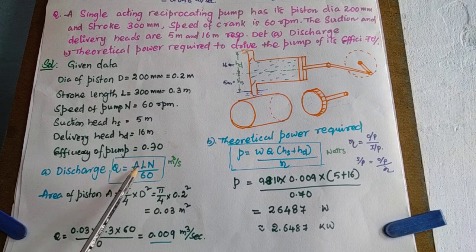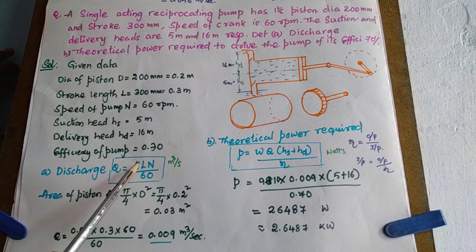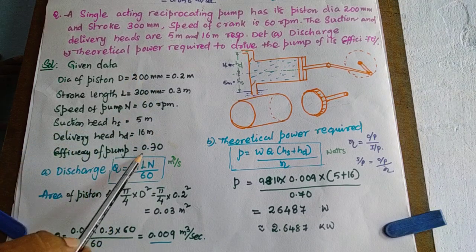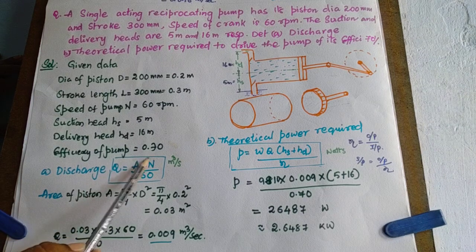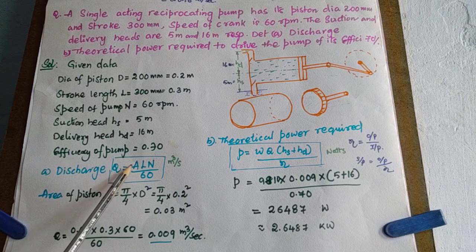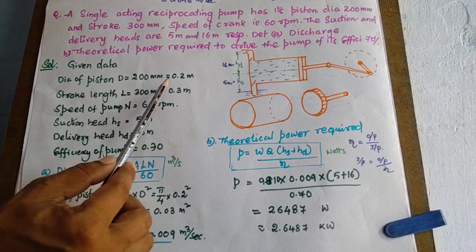So this is the formula. In the given data, if you observe clearly, length of the stroke is given and number of revolutions is given, but area is not given. To find the area, the diameter is given.